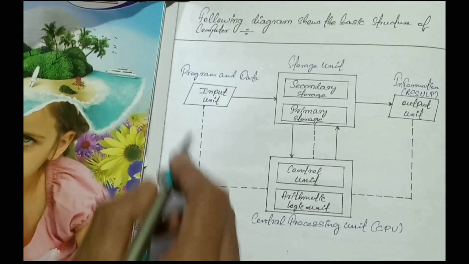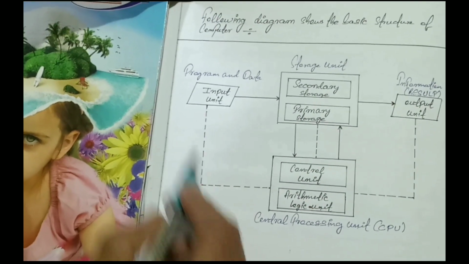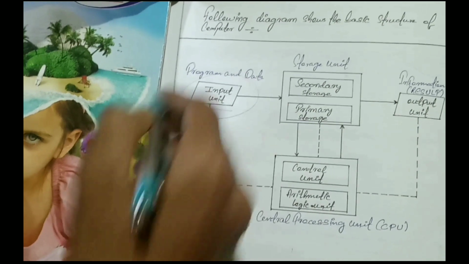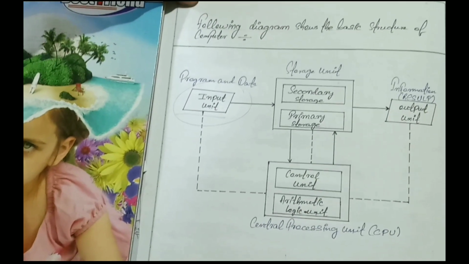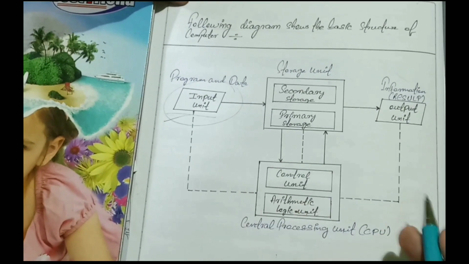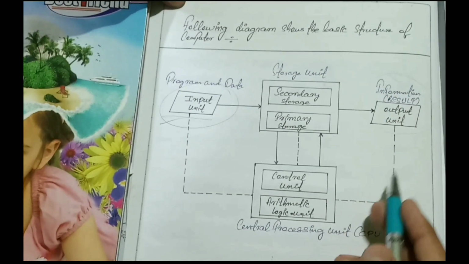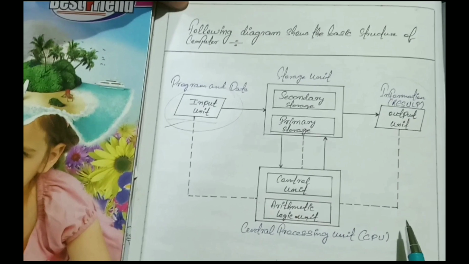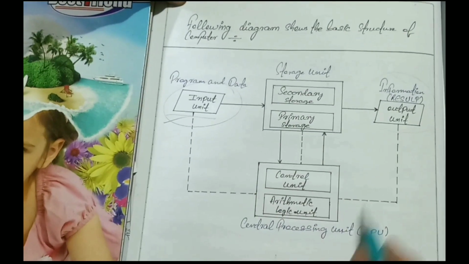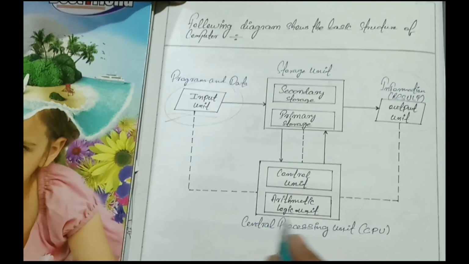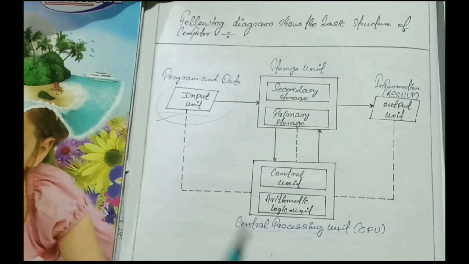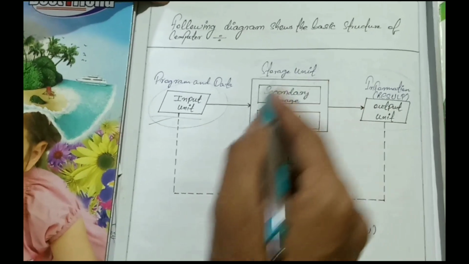Here we can see the input unit. Here we conclude the left side is the input unit region, the right side is the output unit region, and in the middle region a storage unit and central processing unit occur. Here the main operations occur for our desired output.